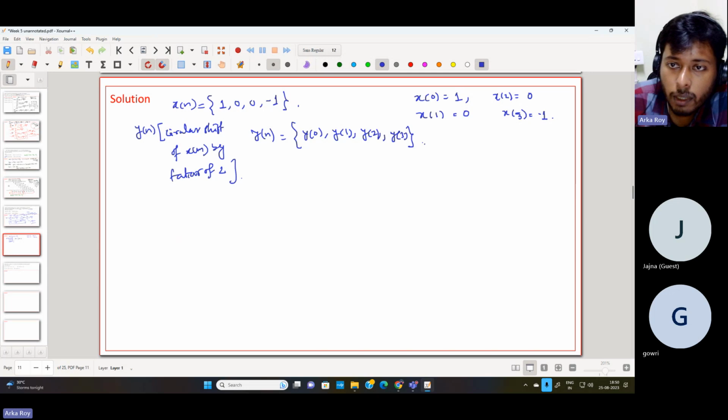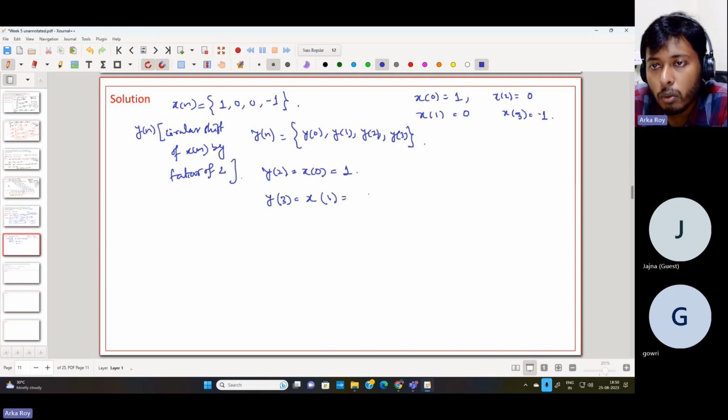That is what we need to find. So y2 will be x0, because this will be shifted by 2 amount. So y2 will be 1. Similarly, y3 will be x[1], because this has been shifted by 2 amount. So this will be 0. So we have got y2 and y3.